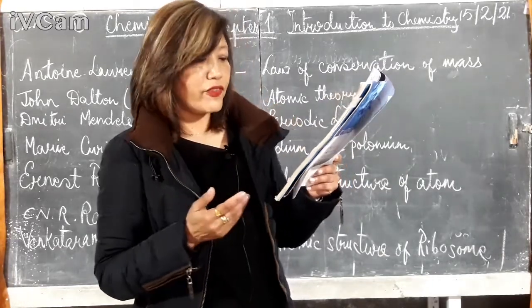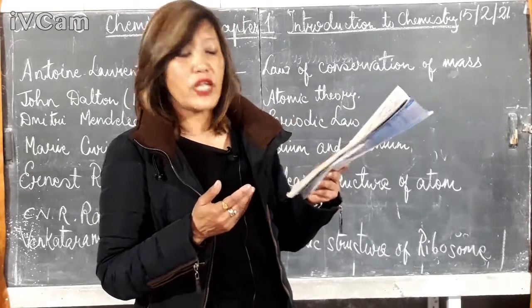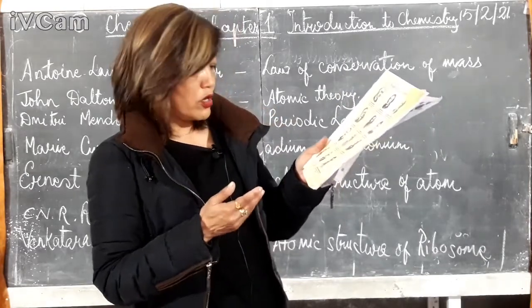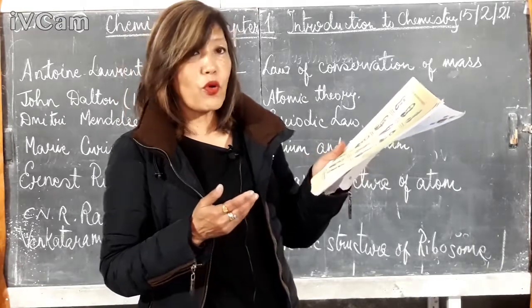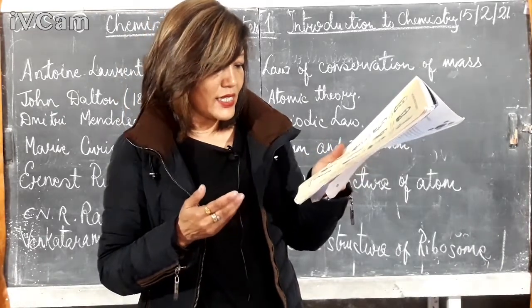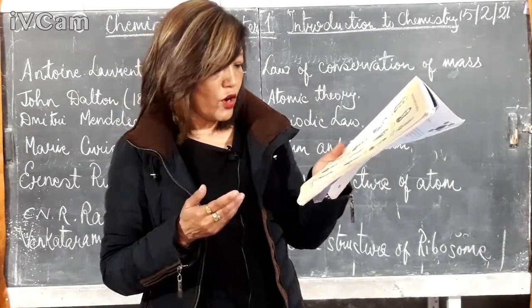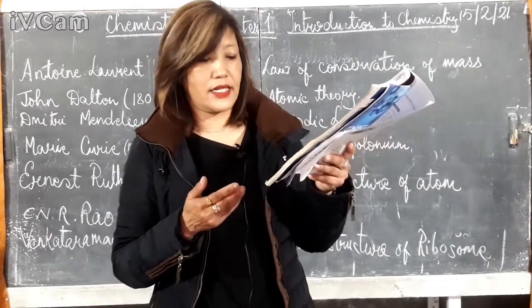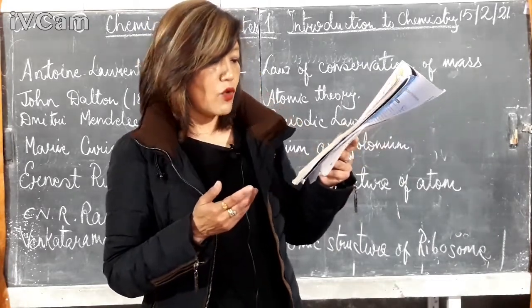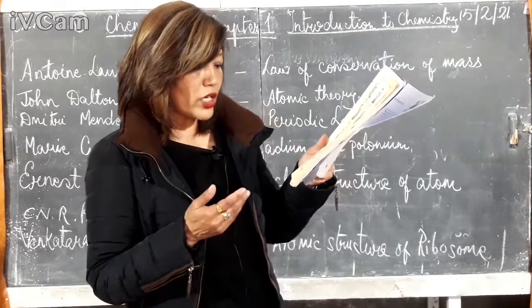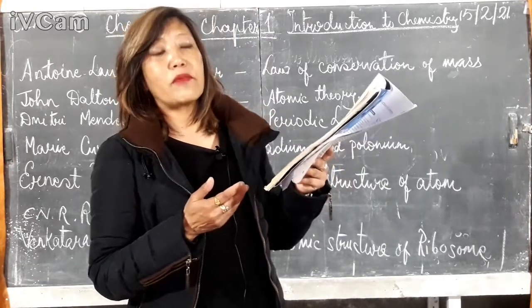Then Ernest Rutherford discovered the nucleus of the atom. S.N. Bose provided the foundation for Bose-Einstein statistics and the theory of Bose-Einstein condensate. Then C.N.R. Rao worked mainly in solid state and structural chemistry.